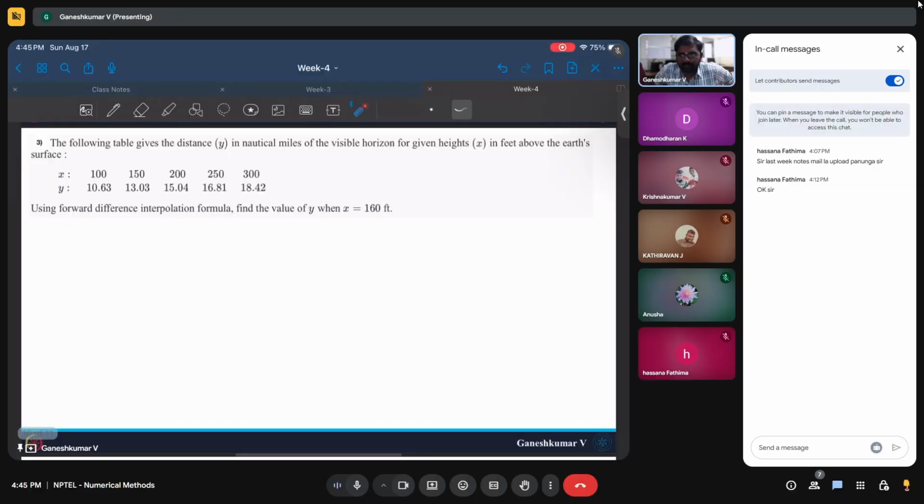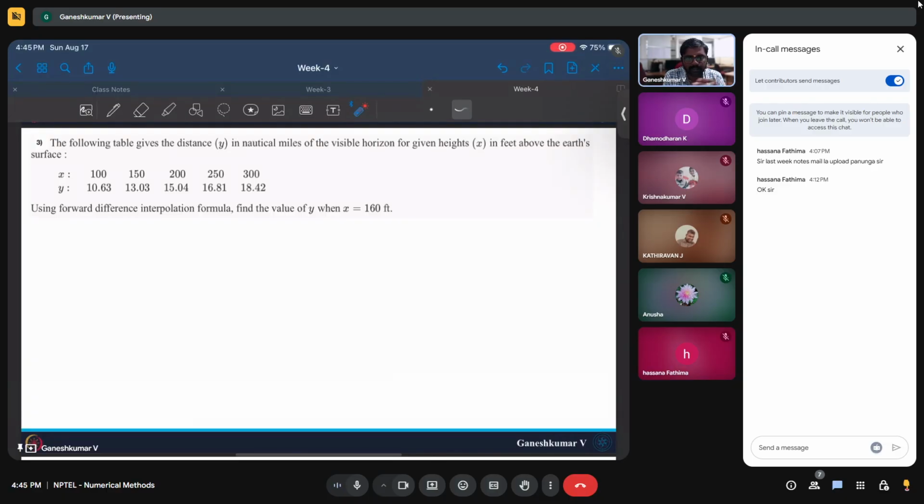I guess interpolation is not new to any BTech student, because they might have done it even in high school days, right? But here it is more general. You might have fitted a linear line between 2 points, and found the value in between.